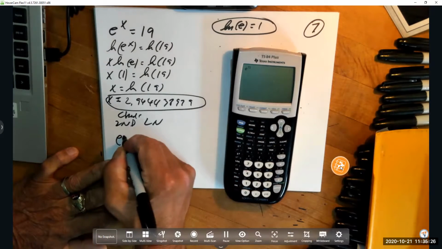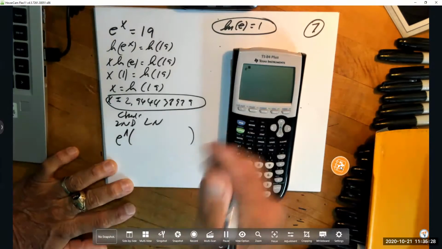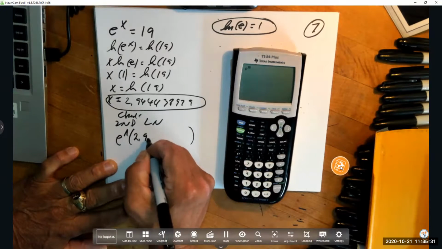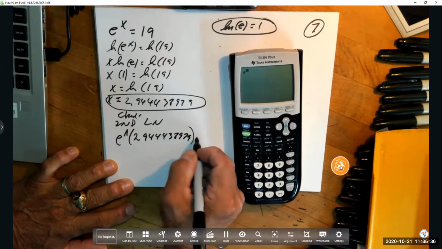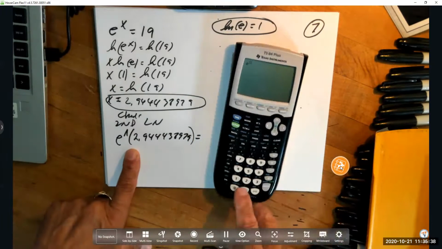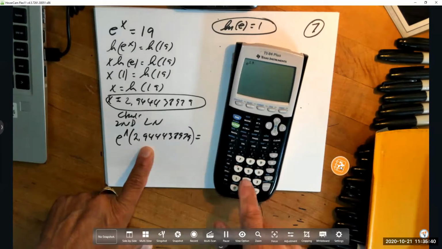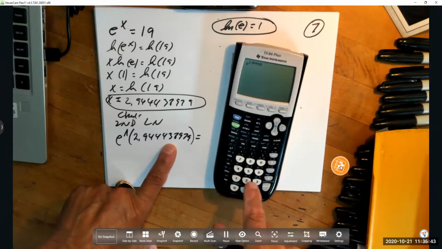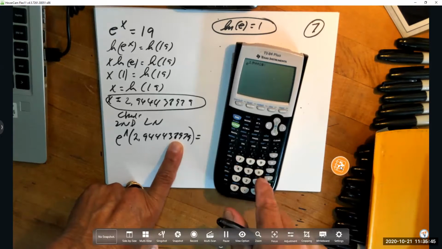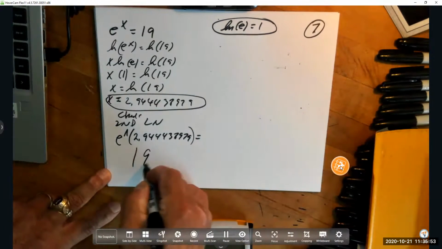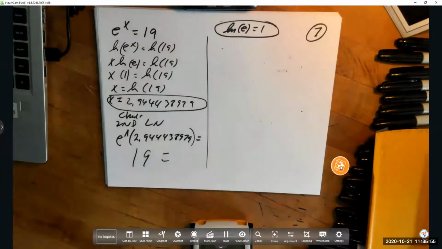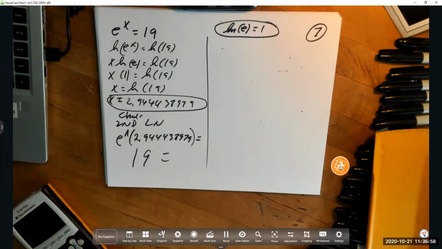So you got e to the power of that number, 2.944438979. Put that in the calculator. Oh, I got 19 exact. What'd you get? Exactly 19? Yes. Okay, that's pretty good.